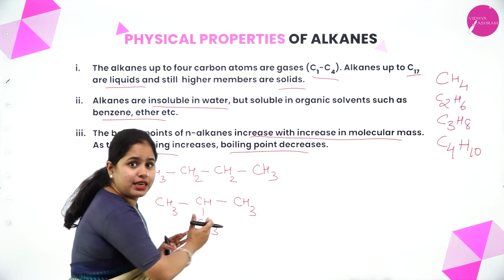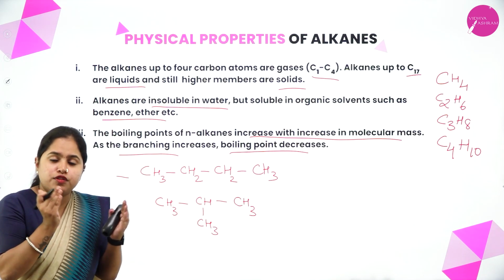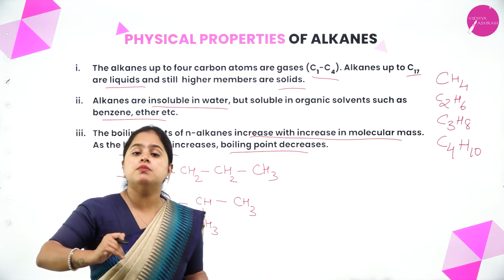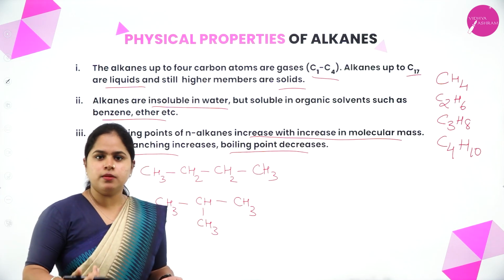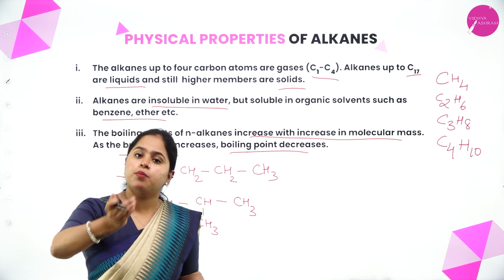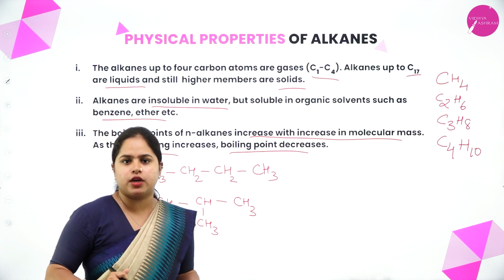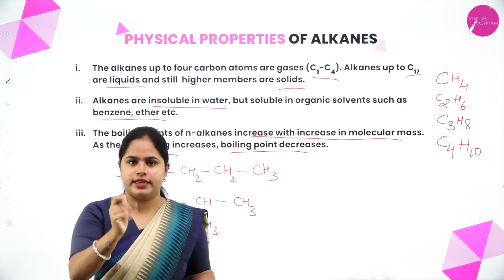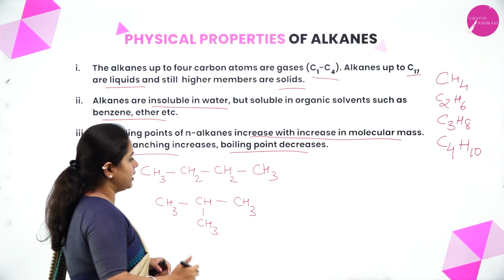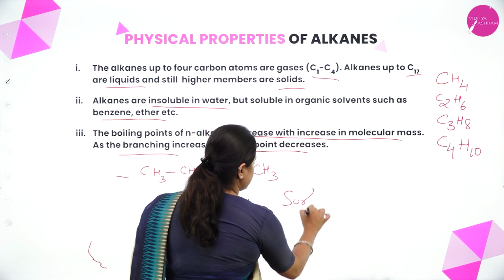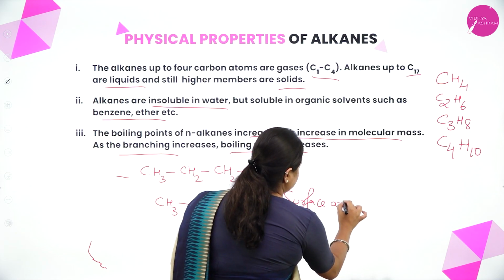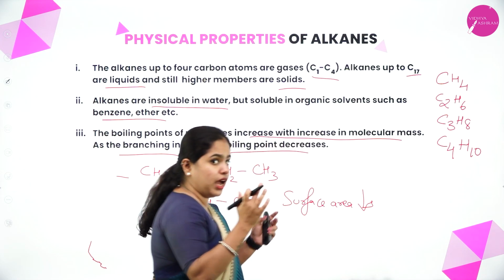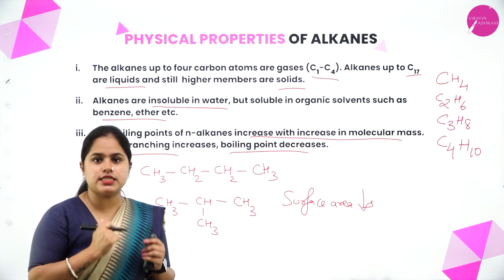So when the surface area has decreased, it becomes easy to boil the alkane. That means only less boiling point is required. Not much temperature is required to break the bonds and convert it into the gaseous phase. So the reason is that the surface area decreases when branching increases.